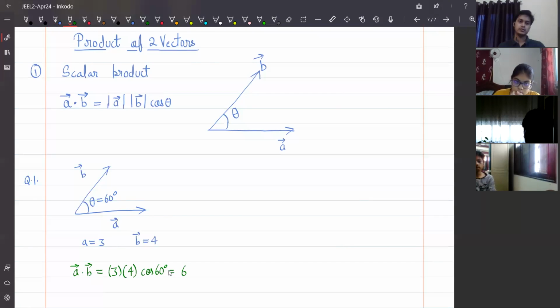That is 6. Note it down and solve the next one.